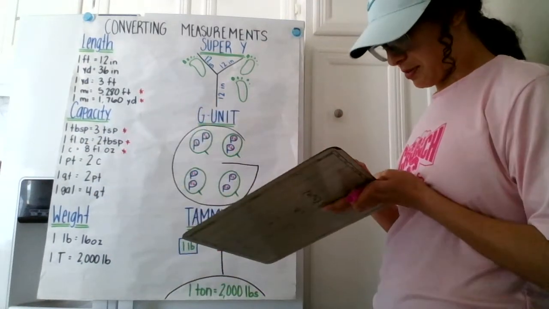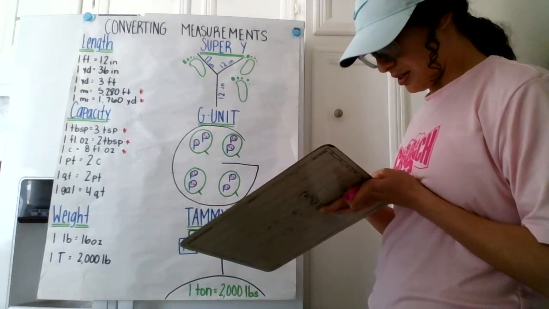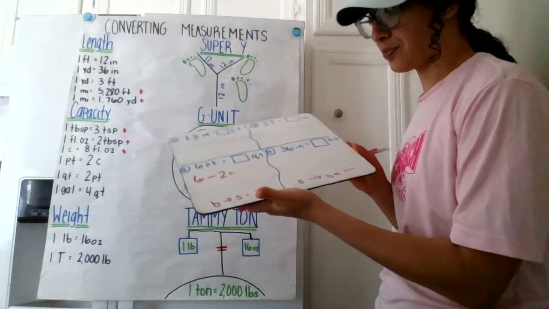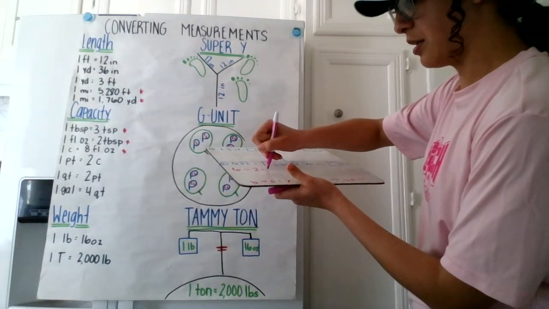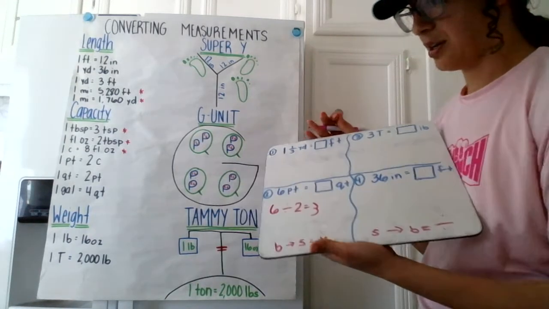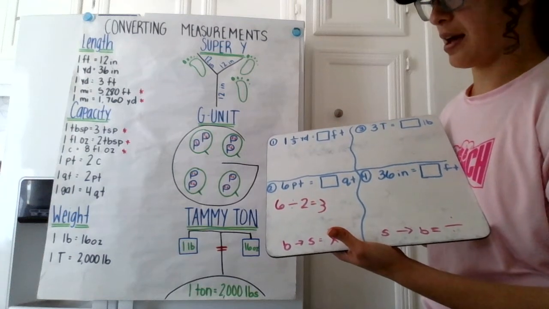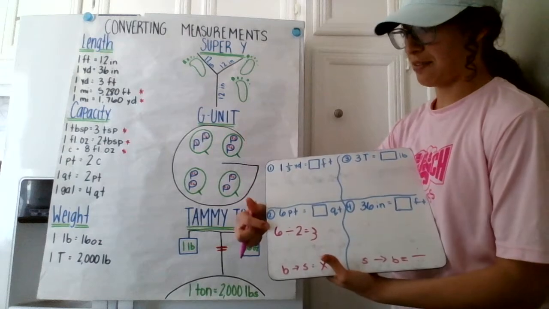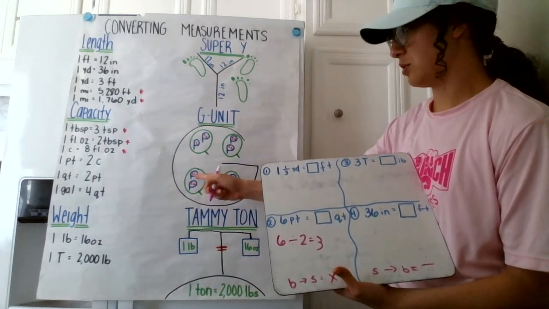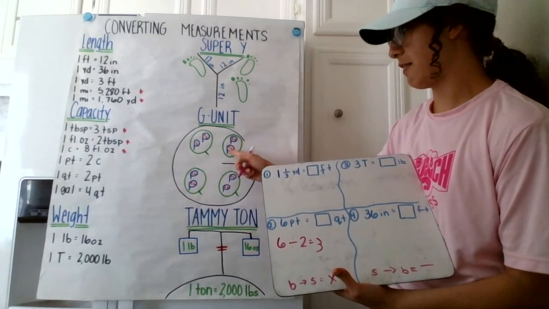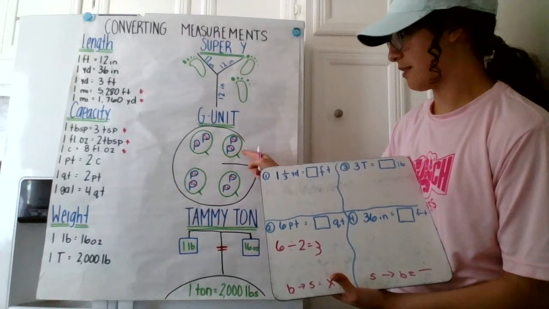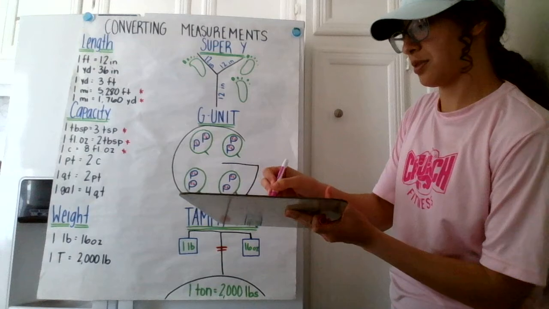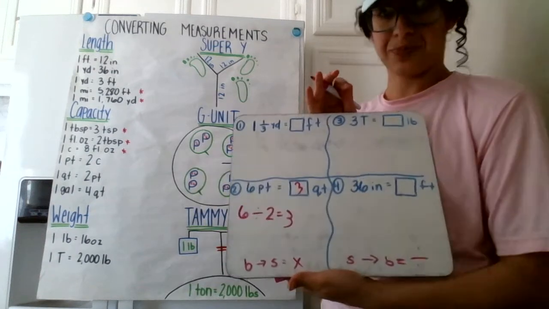So I divide 6 pints by 2, and that's going to give me 3. So in 6 pints, I have 3 quarts. We can check it here. If I have 6 pints, 1, 2, 3, 4, 5, 6, I have 3 quarts. Okay, so 3 quarts.